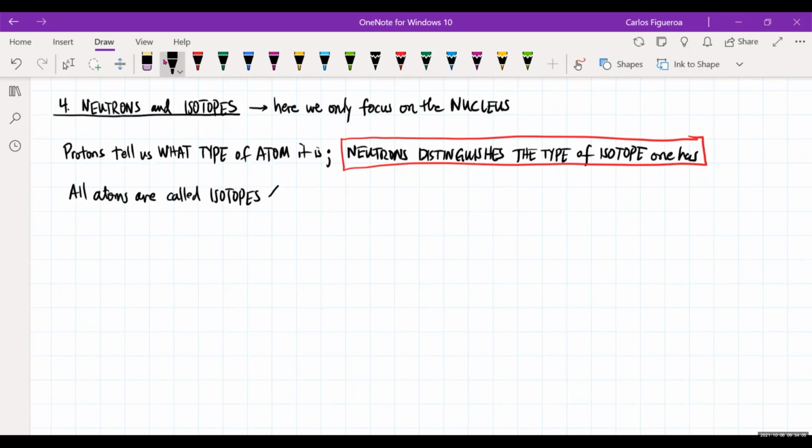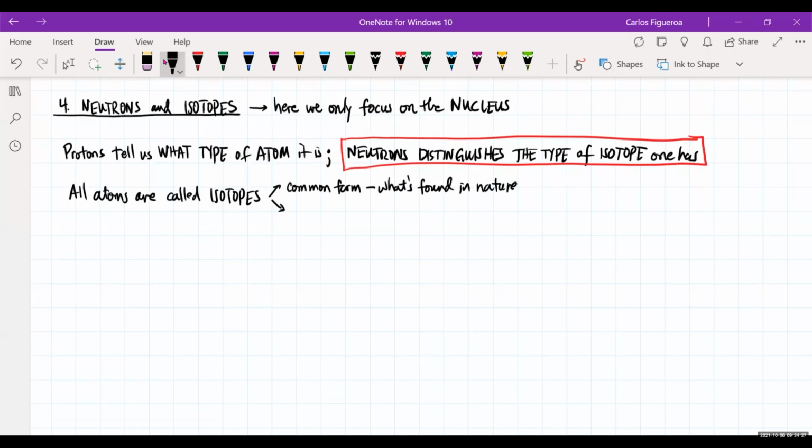And what that means here is that there's really two things. There's typically what we call the common form, and the common form is what's found in nature.